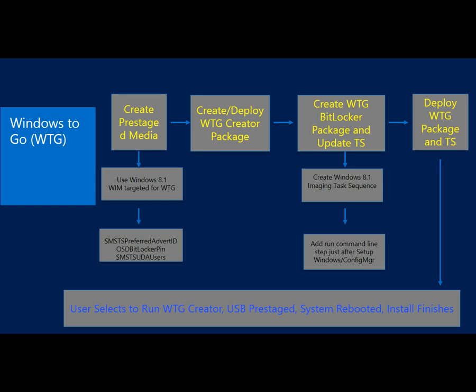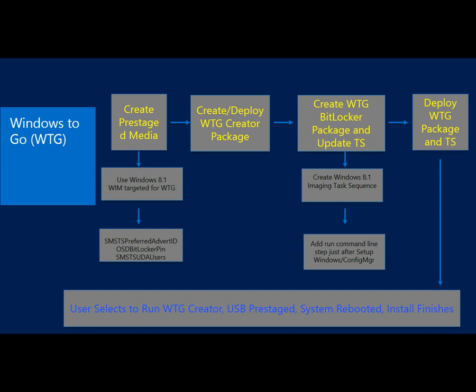So with pre-staged, basically we're, in this example, going to use a Windows 8.1 WIM that is targeted to Windows to Go, that I'm going to use. By targeted, I mean that's the one I want to actually put on my Windows to Go USB device. There are three things that are part of the pre-staged media that are critical here.